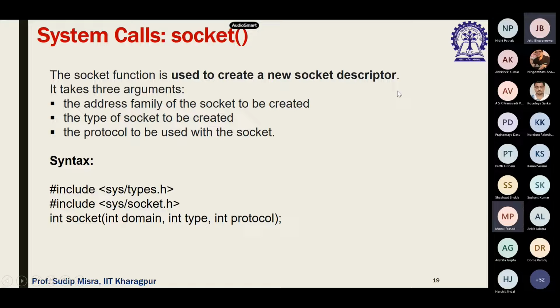As you all know, in Linux or Unix, everything is a file, right? So every operation is done between files. Here also, in the same way as in file-based C programs, there is a descriptor. Here also you have a socket descriptor, right? So this socket function will be used to create a new socket descriptor.